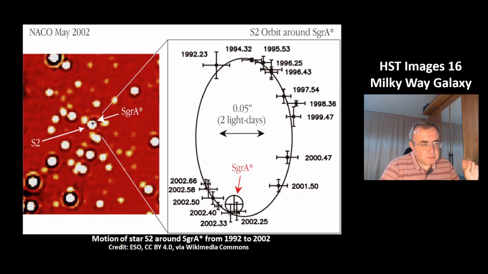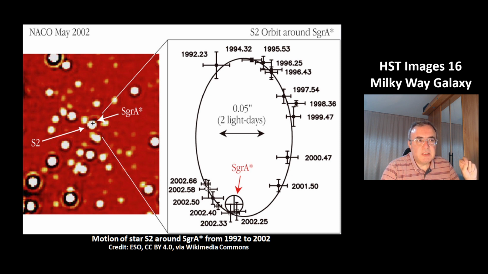This is a picture of the motion of the star S2. In the year 1992, it was here. Then within 9 years, it made about half an orbit. It was in 2001. And from here to here, that's about 1/4 of an orbit.